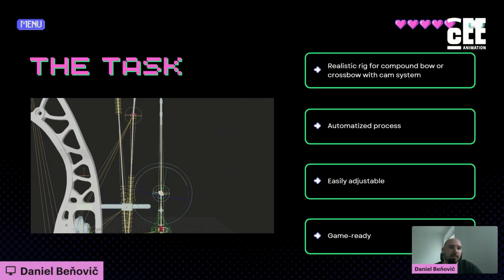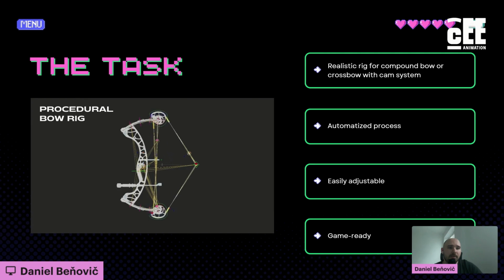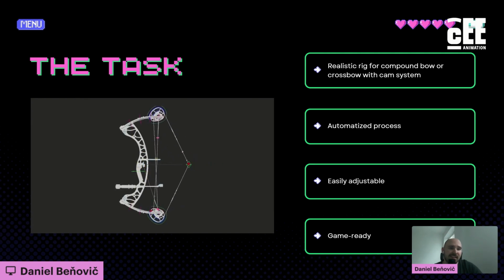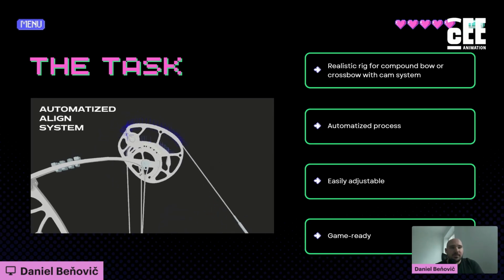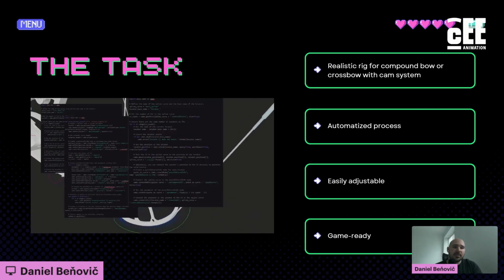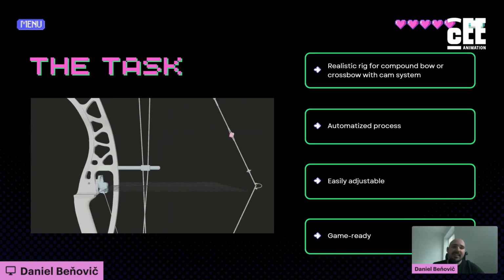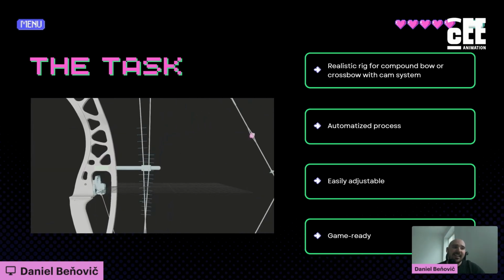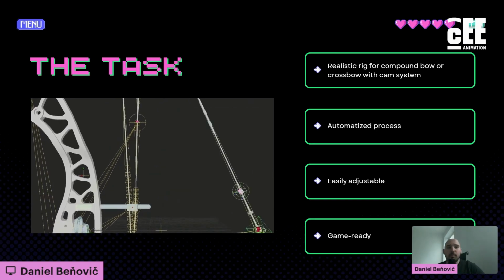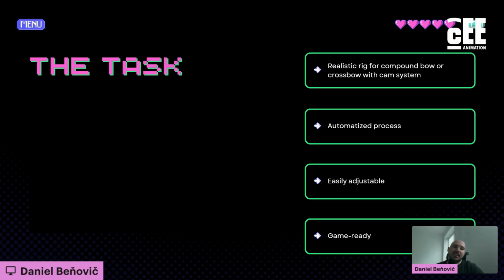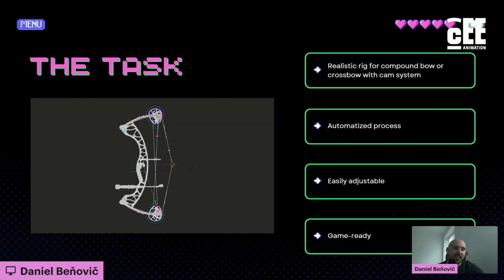Also, it had to be automated because we are making multiple bows and crossbows. And to be completely honest, at the time, this was not something that I would normally do. I was more of a 3D generalist, or animator in that sense, but I really like challenges, and this was the perfect opportunity. So fast forward to today, and everything is working properly in game.